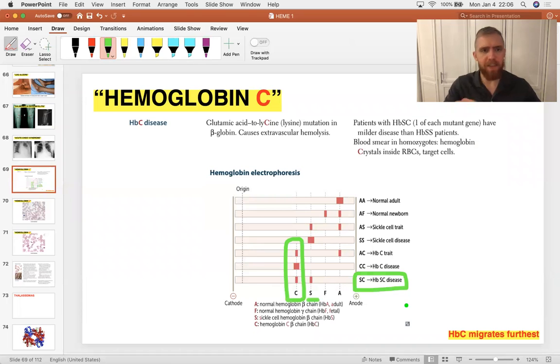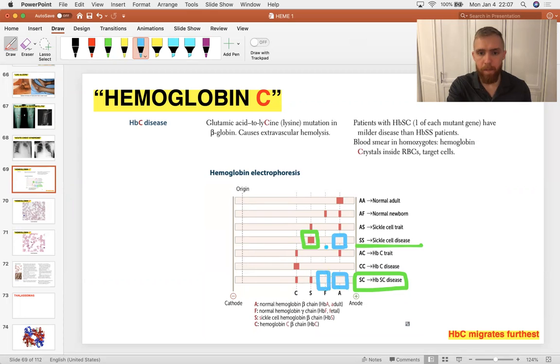Now, SC disease is not as poor a prognosis as pure sickle cell disease, which is both of your genes are of the sickle variant. But there are some similarities between the two. As you'll notice in both cases, there is a thorough lack of hemoglobin A, as well as hemoglobin F.